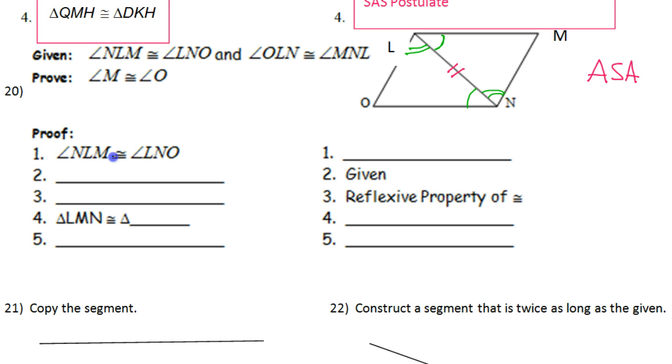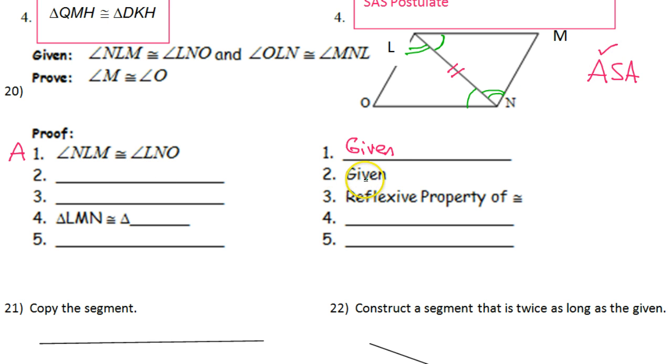So, of course, in step 1 here, they're just stating the first part of the given. So angle NLM is congruent to angle LNO. That's part of the given, so we say given. Okay, that's one of the angles in angle side angle. So we've checked off one of the angles.